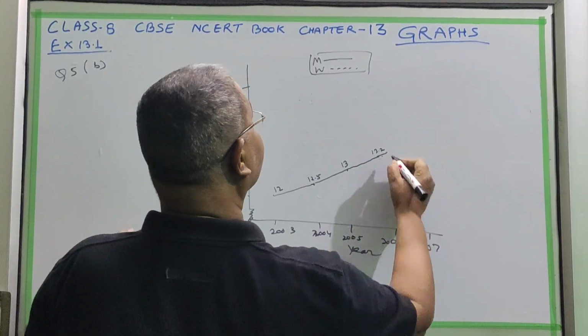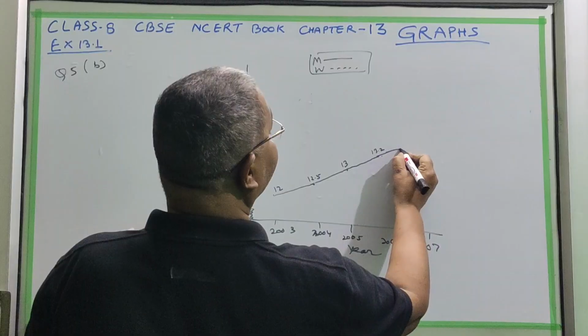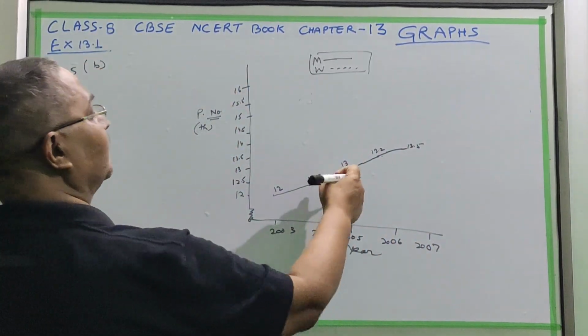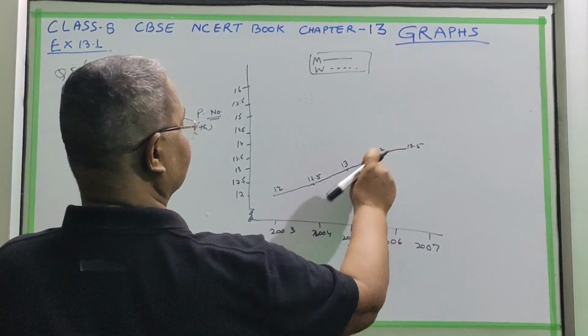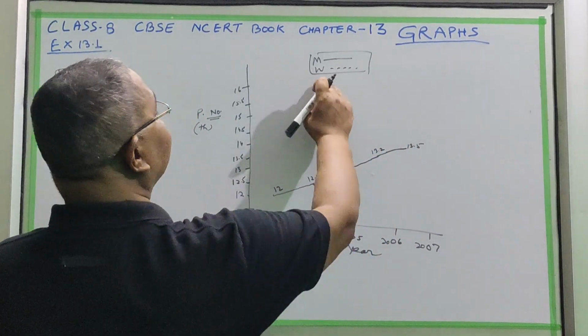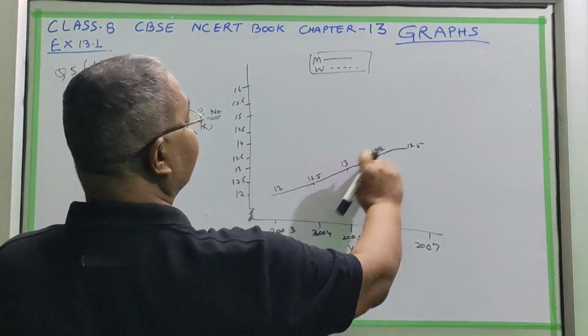And in 2007 it became 13.5. Okay, so 13.5. Because I have not made it by scale, that's why some of it may feel off, but if you make it by scale, it will come correctly. Main purpose is how two things you can show in one graph.